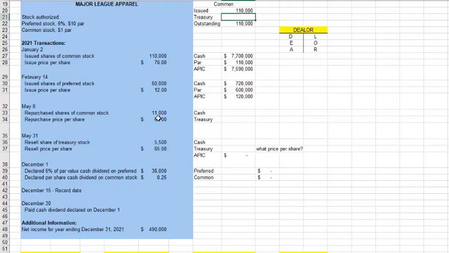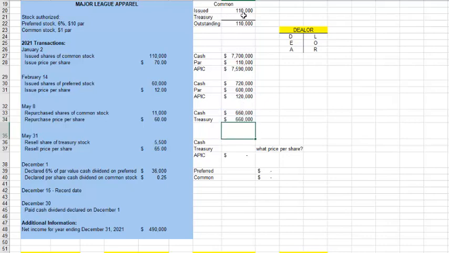We, as Major League Apparel, are going to spend our own cash to purchase 11,000 shares of our stock. Treasury stock is a contra equity account. We are purchasing 11,000 shares at $60 per share. The amount of cash that we will spend will be 11,000 shares multiplied by the $60. This is going to be $660,000. This number is what we are going to value our treasury stock at.